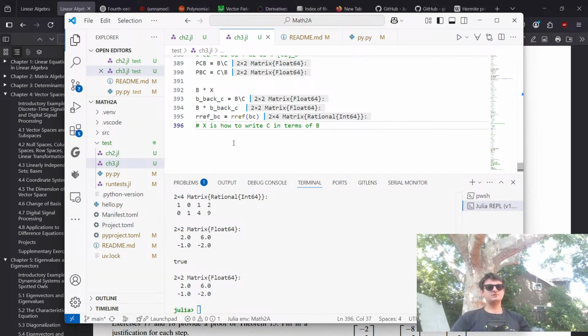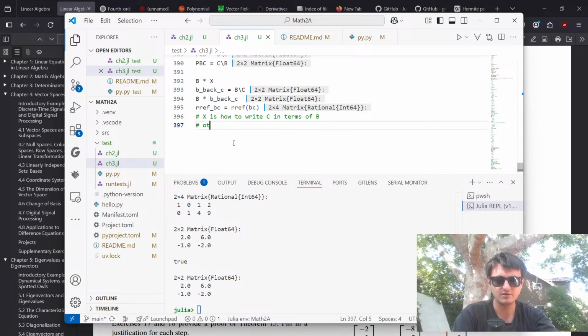In other words, x are the B coordinate vectors of C, i.e., the B coordinate vector of C.